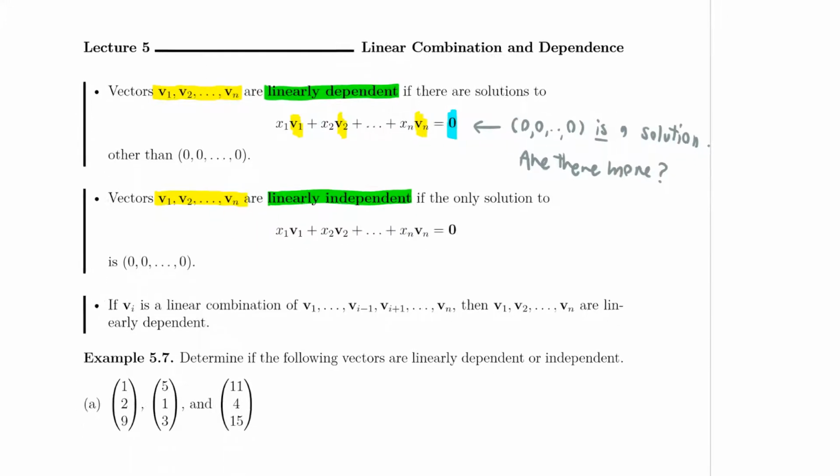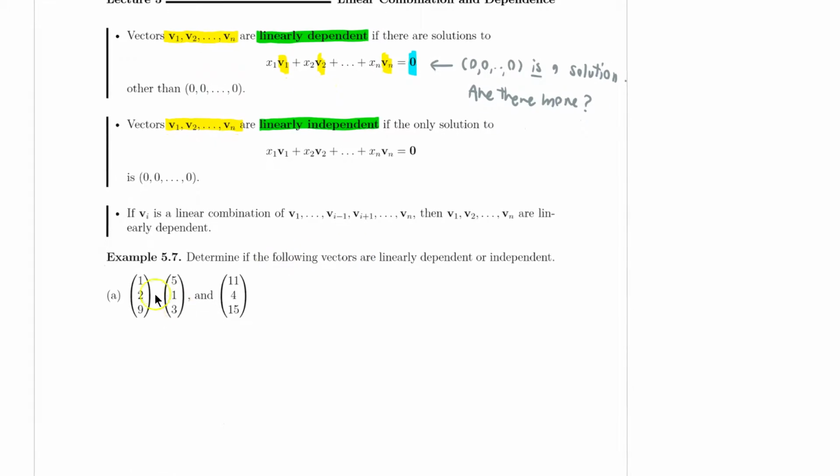So let's just take a look at my example down here. I'd like to see if these vectors are linearly dependent or independent. So basically what I'm going to do is solve this equation. I'd like to see if I can find x, y, and z such that x times the first guy plus y times the second guy and z times the last guy.